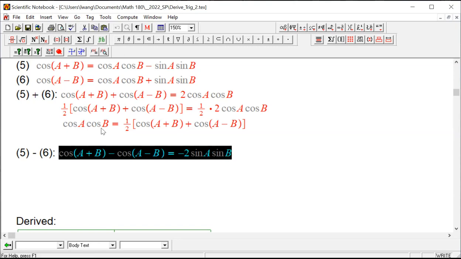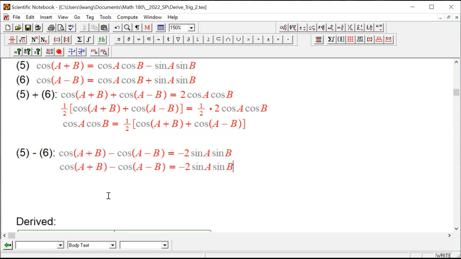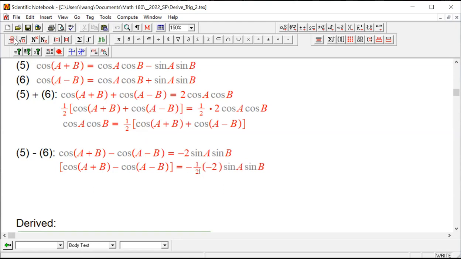Okay. So this time we're going to multiply both sides by negative half. Why negative half? Because here's a negative 2. So on this side, we're going to multiply by negative half, and on this side, we're going to multiply by negative half.